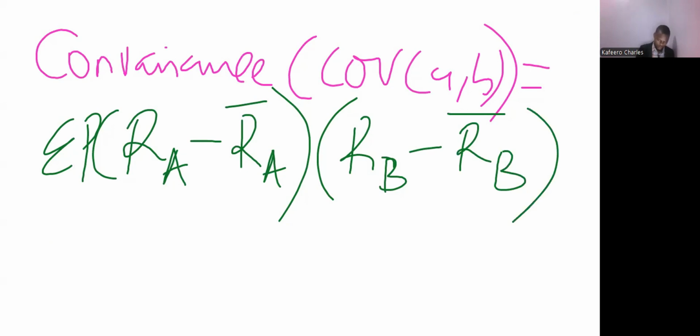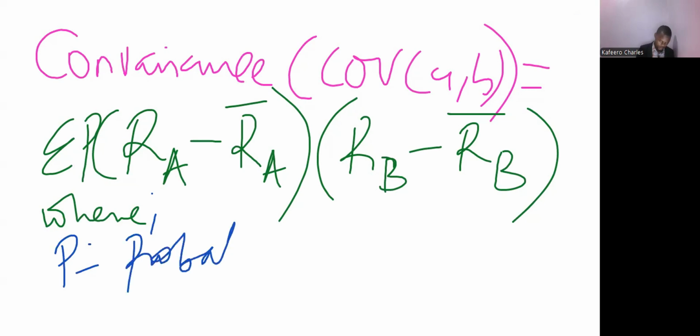This is cov A and B. In other words, this P is actually the probability of receiving these returns. P is the probability.